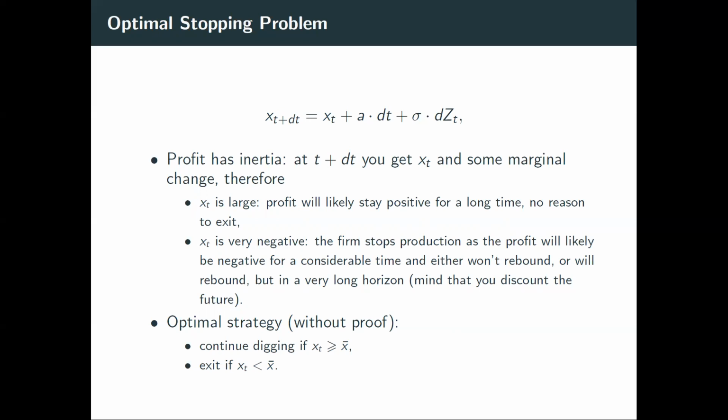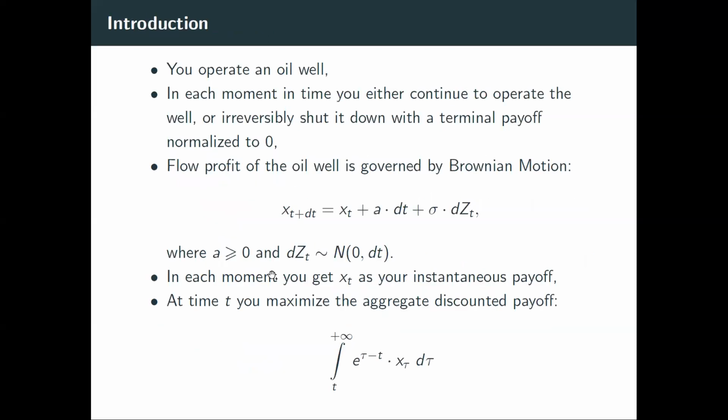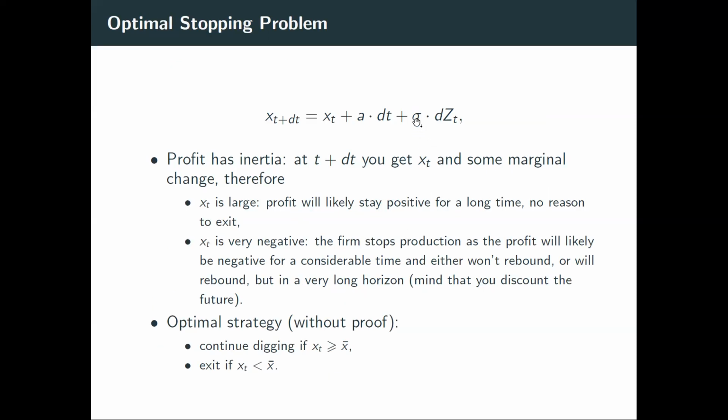Therefore, the expectation of the square is equal to the sum of the variance of this random variable and the square of its expectation. The variance of these two terms together is just sigma squared dt, because the first term is a constant and doesn't have any variance, so all the randomness is in dzt. The variance of dzt alone is dt, according to the definition, and sigma is just a constant multiplier. So in total, it's sigma squared times dt.